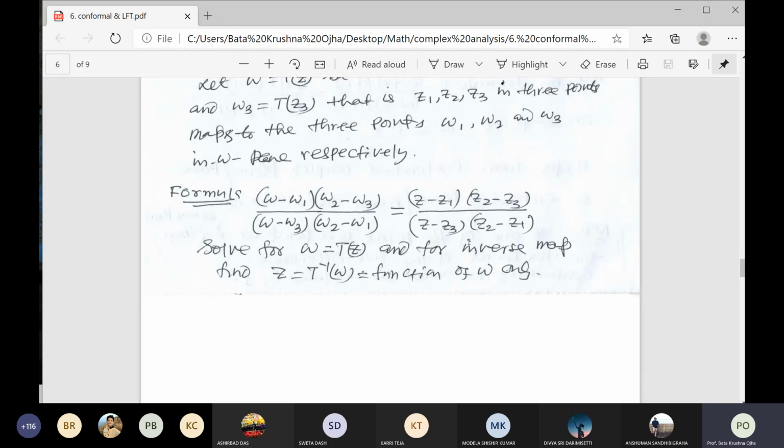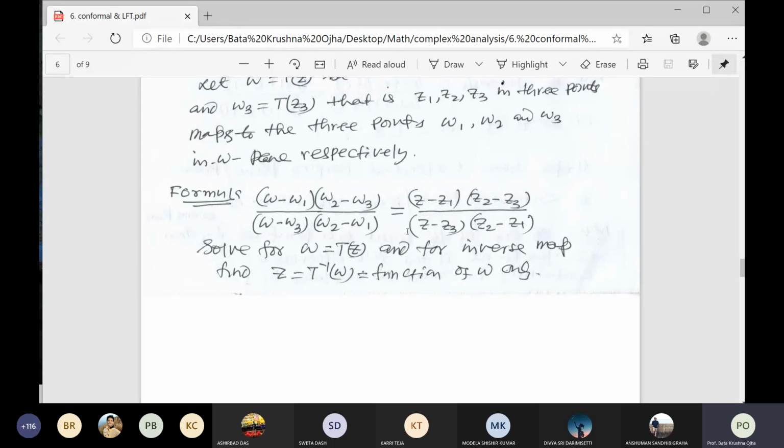You start from W. First is W minus W1, then W2 minus W3, divided by W minus W3, then W2 minus W1. Sequence 1, 2, 3, then 3, 2, 1. So this is called the cross ratio formula, where W1, W2, W3, Z1, Z2, Z3 are known, and you substitute here.